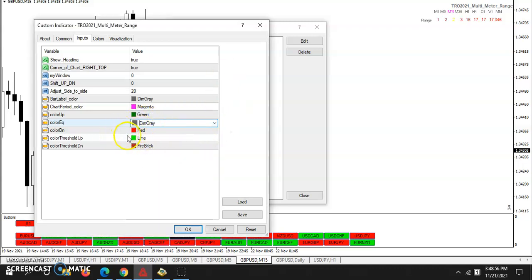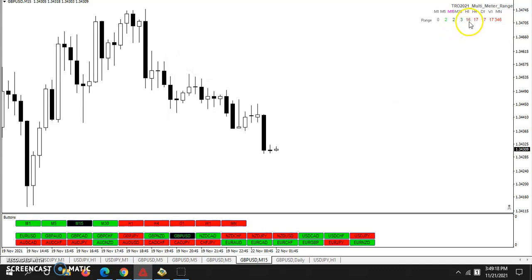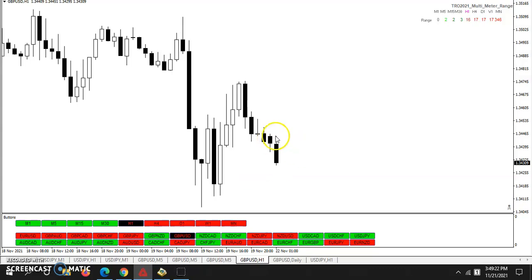But now, if it's breaking out, though, you have a threshold color. So if the current range exceeds the previous range and the candle is an up candle, we'll use the threshold up color. And if the current range exceeds the previous range and it's a down candle, we'll use the threshold down color. So you can see here on H1, you can just look here.